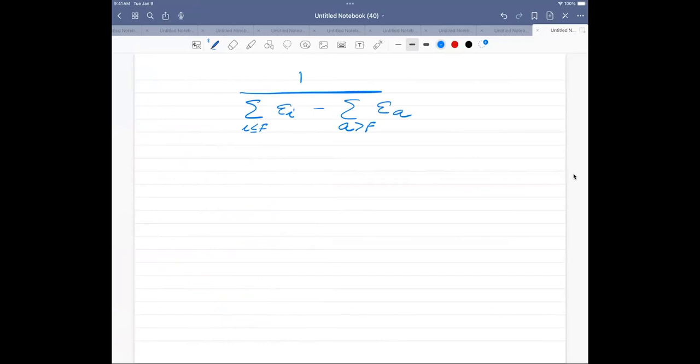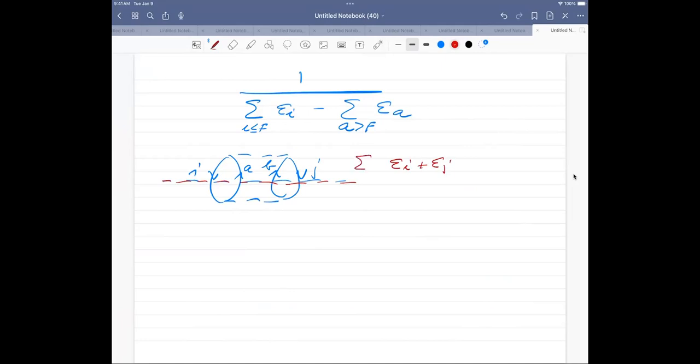So if we now look at the diagram which we had, this example here. So we have hole lines and particle lines, a and b the particle lines, and i and j the hole lines. So if we draw a line between the 2 vertices, so let's mark that in red, then we see that we have, as hole states, epsilon i plus epsilon j. These are the hole states.